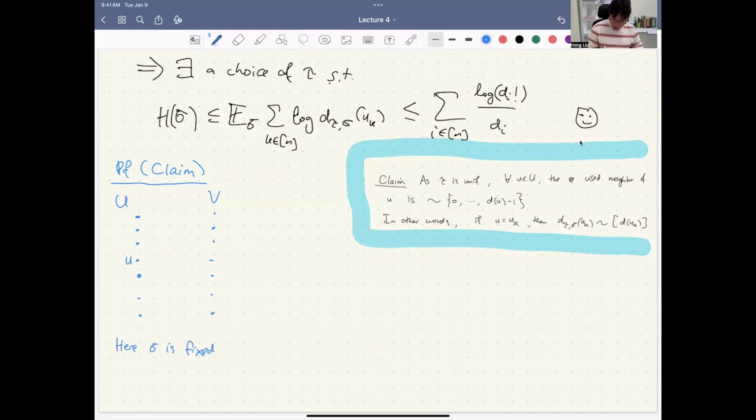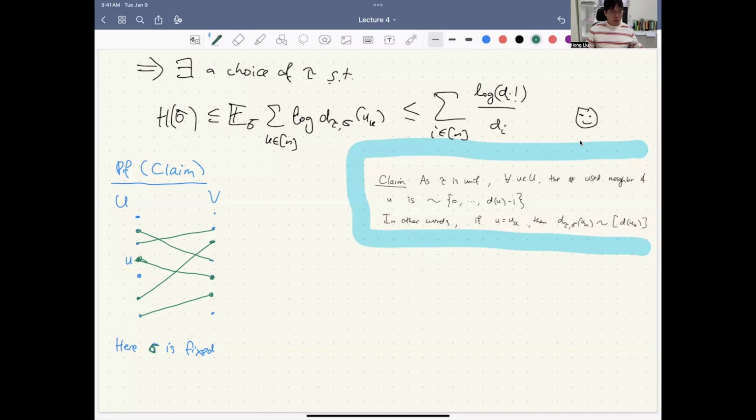So the perfect matching is fixed. Let's say this sigma is green. Sigma is fixed, so this guy goes to here, here, here, here. I don't link all of them, I draw some of them.